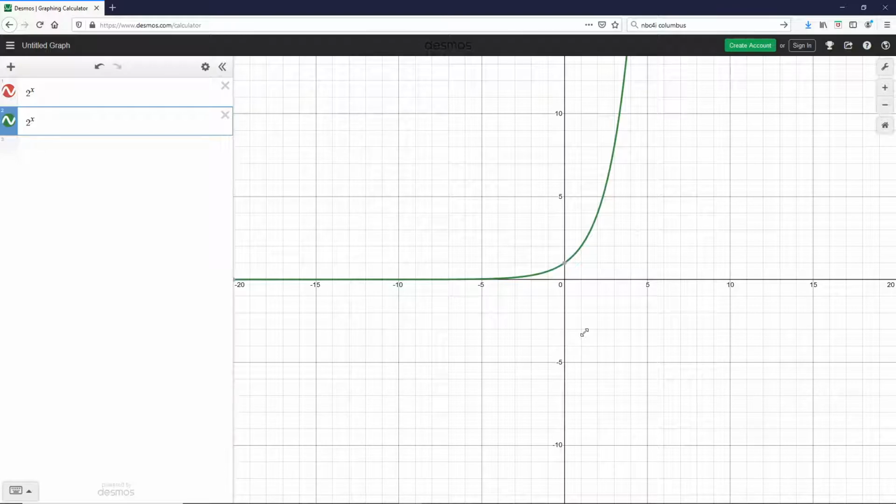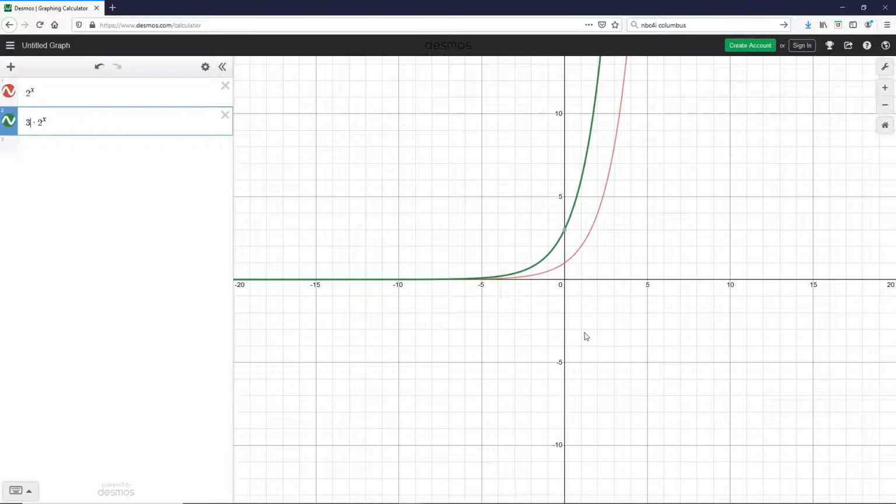So I multiply the entire function by 3. What it did is it stretched the graph about the x-axis by a factor of 3. For example, we originally had the point 0, 1, now it's up at 0, 3. And at, let's say, 1, 2, that's now at the point 1, 6.